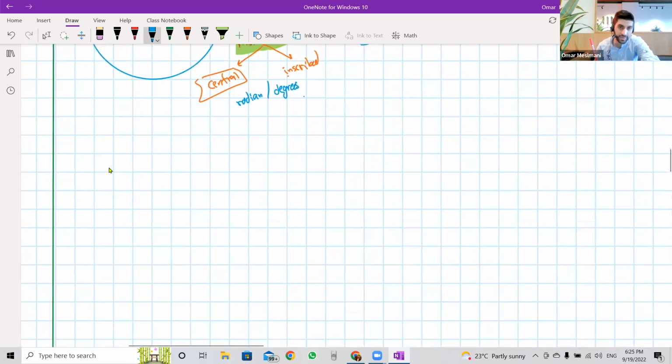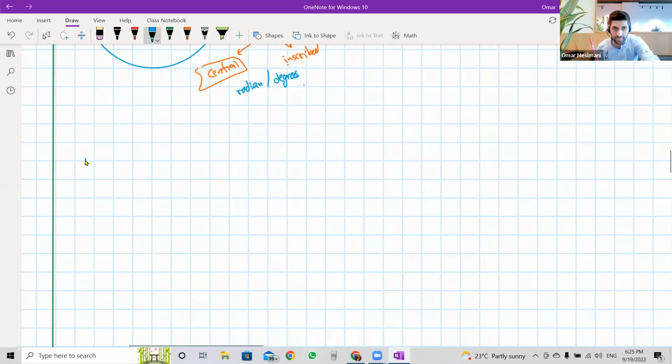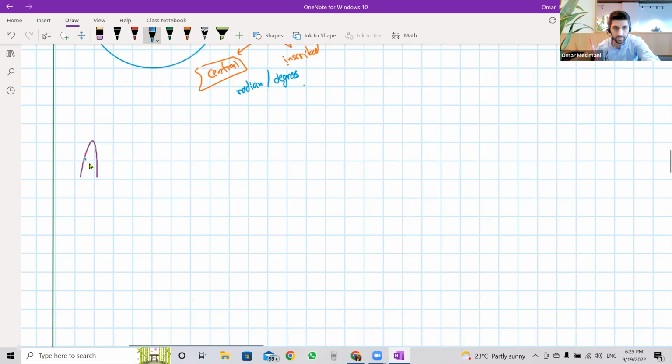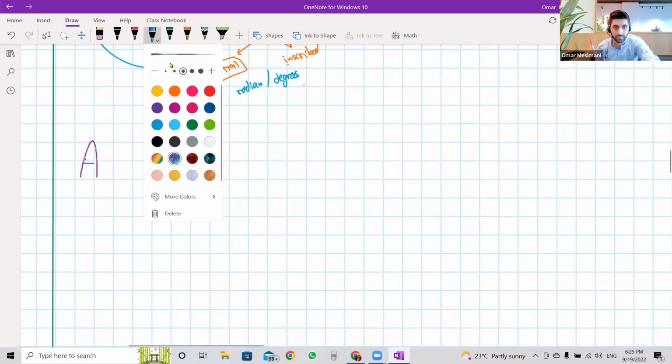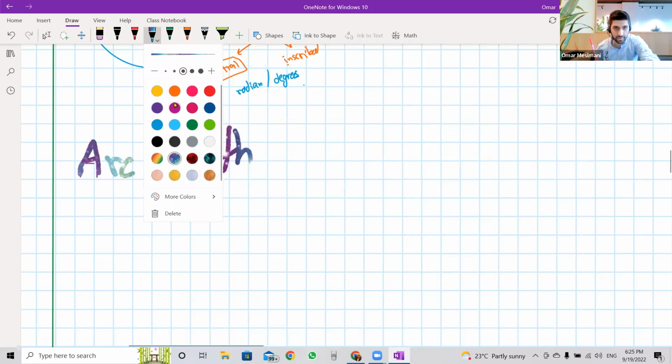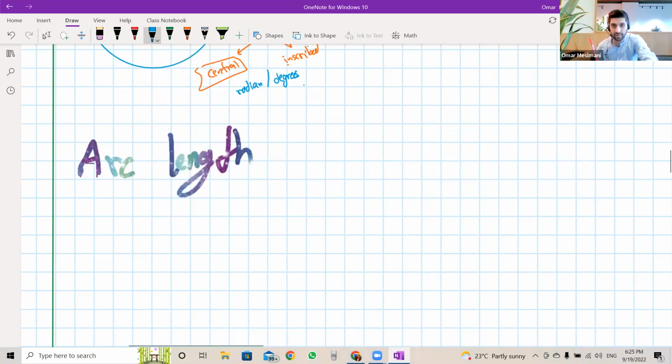So if you will calculate the length, the title is arc length. How will you calculate the arc length? I'm going to show you.